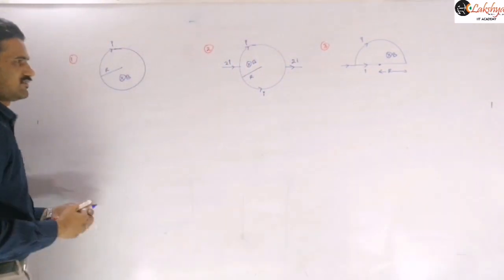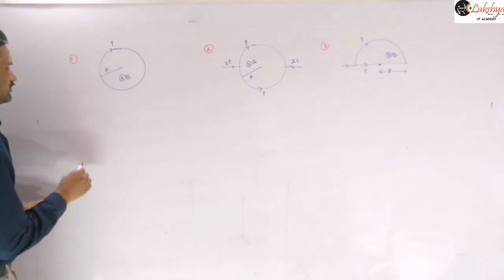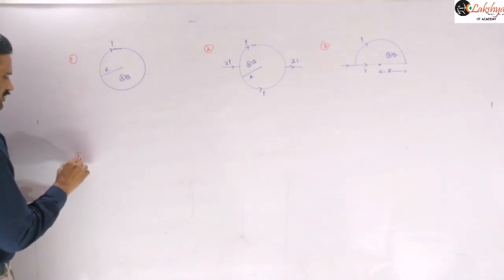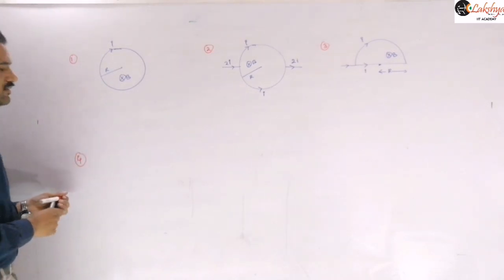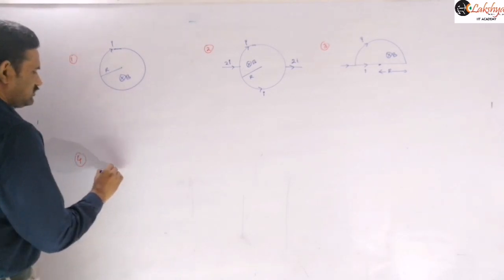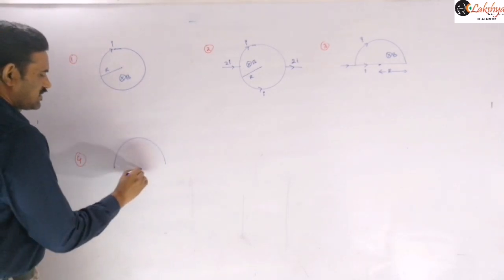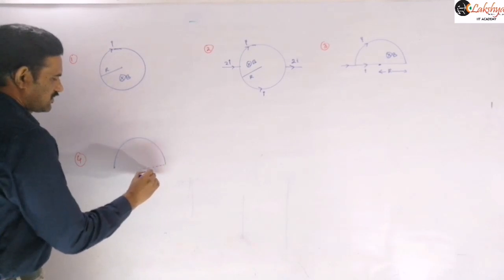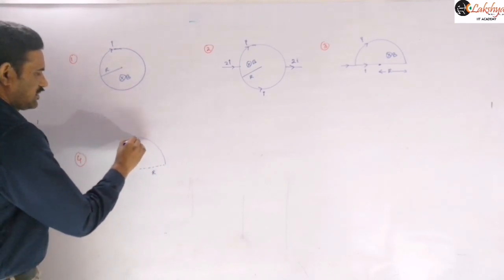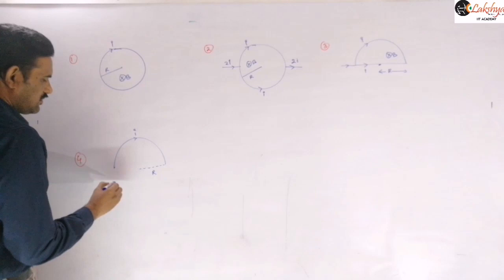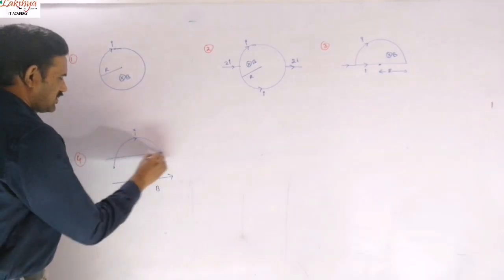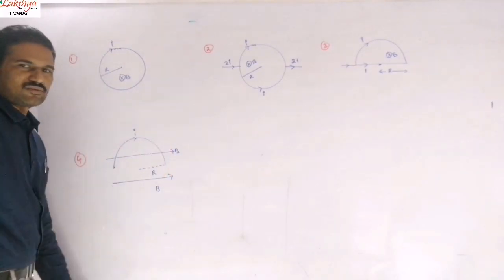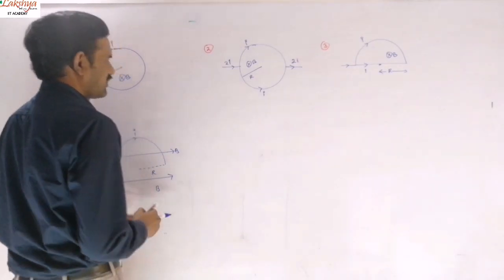And the next, the fourth one is there. This is a semicircle of radius R, which we discussed now, carrying some current I. Now the magnetic field direction is given here. So in this case, you need to find this force.